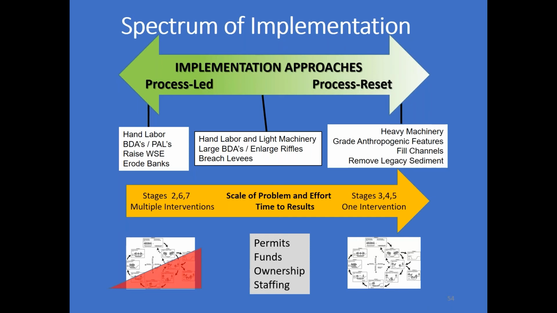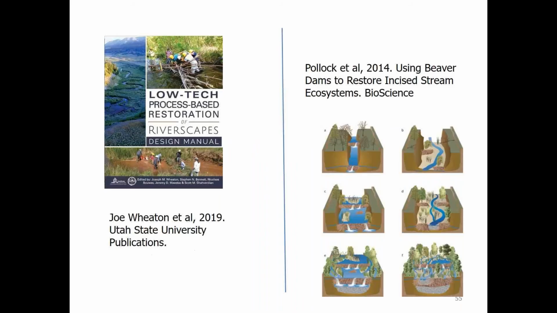Funding is usually for short-term projects, and it's really difficult to get funding for multiple episodes of habitat restoration in the same location, but that could be shifting. And so ownership and staffing are key components of what choice to make here too. I don't think any of us in this workshop prefer one choice over the other or promote one choice over the other. It's all good work, and anything we can do to get our floodplains fully functioning again is good for the mission of restoring salmon.